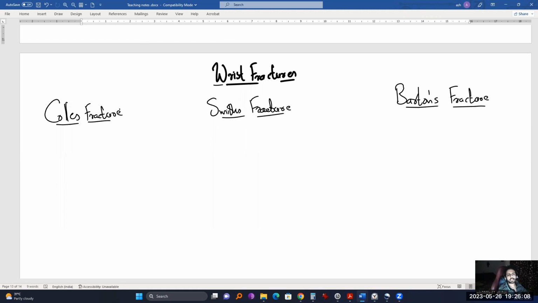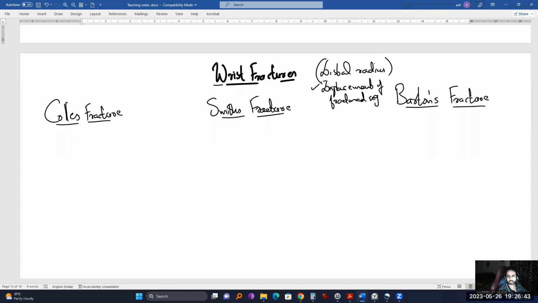Okay, so basically all these fractures are fractures of the distal radius. Everything is a fracture of the distal radius. So what is the difference? The difference between Colles, Smith's and Barton's is only in the orientation or displacement of the fractured segment.